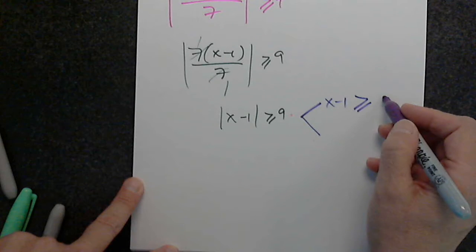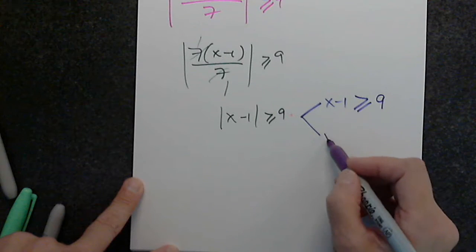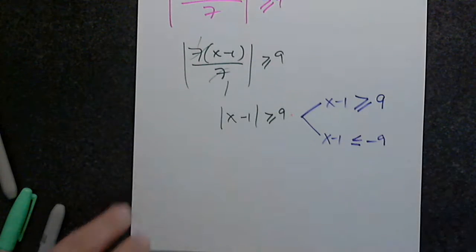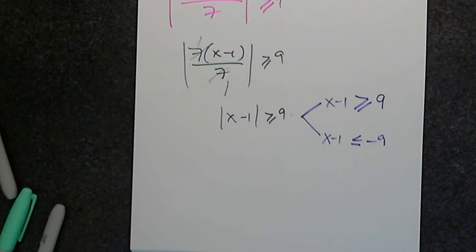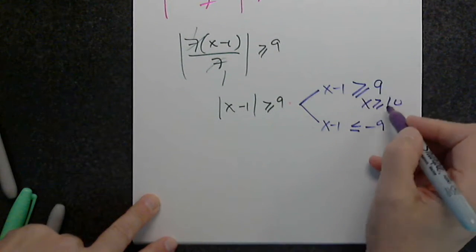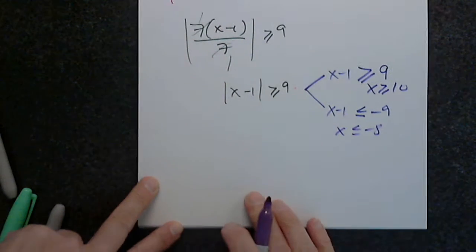That's right. You keep it simple. You flip the sign. X minus 1 is less than or equal to 9 plus your -1. Very good. Remember the outside. You cannot include anything between -9 and 9. This is the outside. More distance. Further away. So then this one will be x greater than or equal to 10, and this one will be x less than or equal to -8.